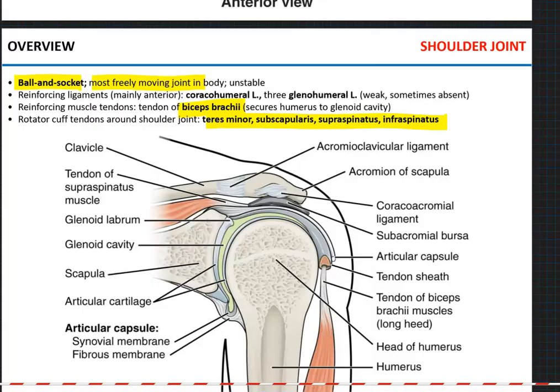And I'm not saying they're relatively weak. They're not. But in absolute terms, they're weak compared to, say, hamstrings or quadriceps. So the shoulder joint isn't particularly stable because of that. And the ligaments. So here you see a bunch of small, really not important ones, like the coracoacromial ligament.